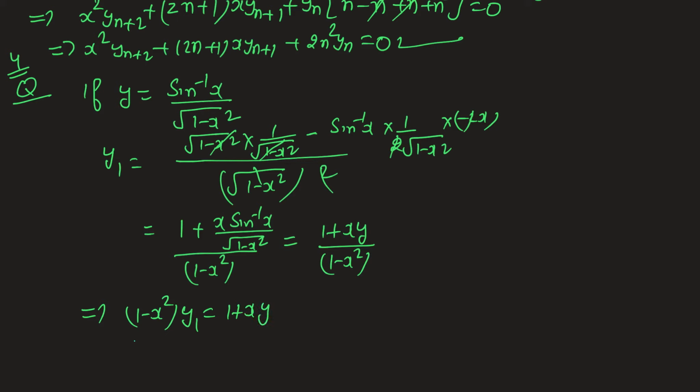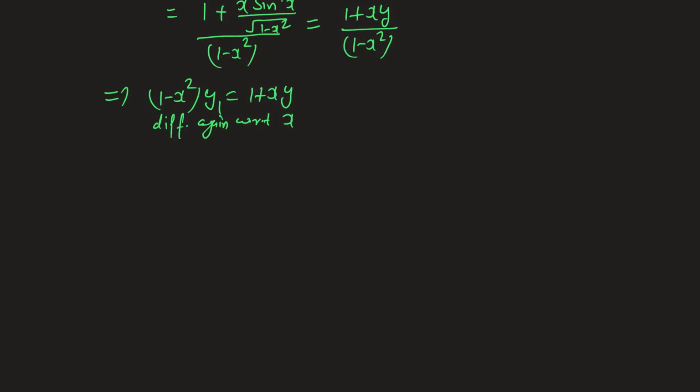Now differentiate again with respect to x. Differentiating again, it will be (1 minus x square) y2 plus y1 into the differentiation of 1 minus x square, which will be minus 2x. Differentiation of 1 will be 0.